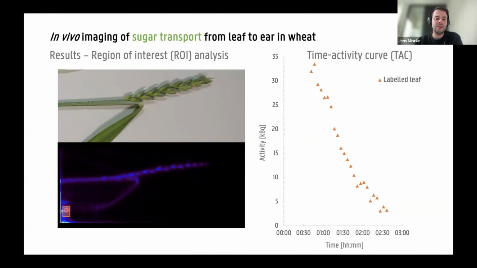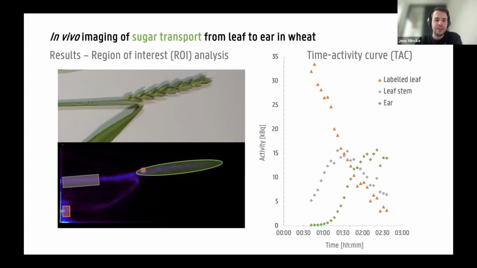That's logical because the tracer, or the sugar that is inside the plant, is being transported towards the grains, which are actually attracting the sugar. We can also draw an ROI onto the stem, and we see that the sugar is just passing by. It goes up and then goes down again.